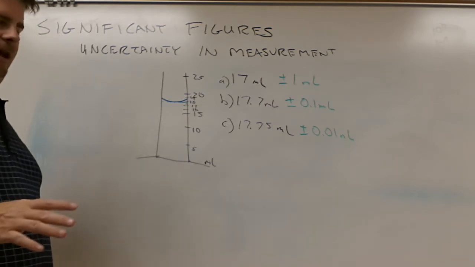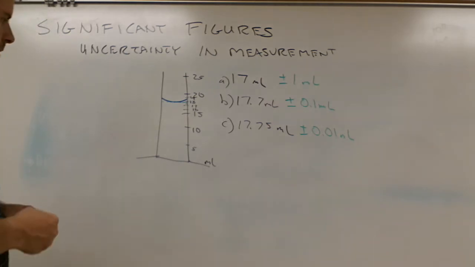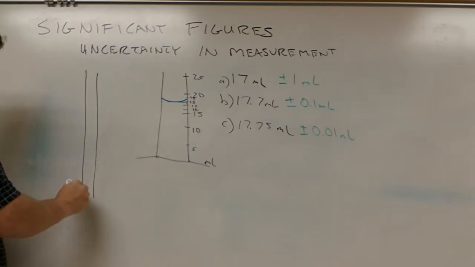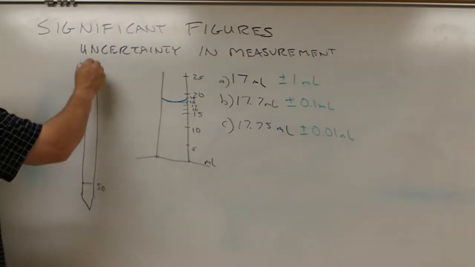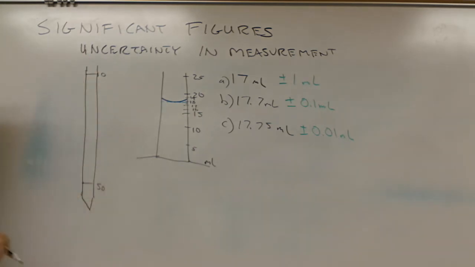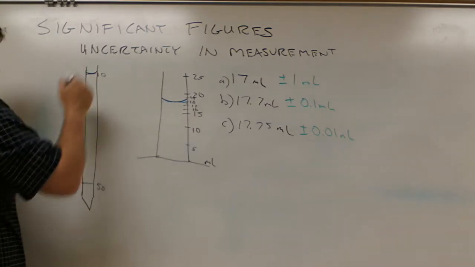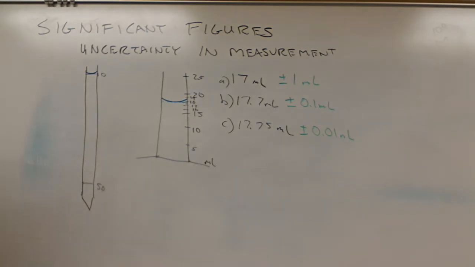It should be noted that if I'm reading a burette, and if you look at a burette, it's this long thing down here. All right? The first thing that you should know is that burettes have a number down here, 50, and they start up here at 0, and you fill it in from the top. Okay? If you are really good, and you fill this entire thing with base or acid, and you get the meniscus right on the 0 point, your initial reading should not be 0.